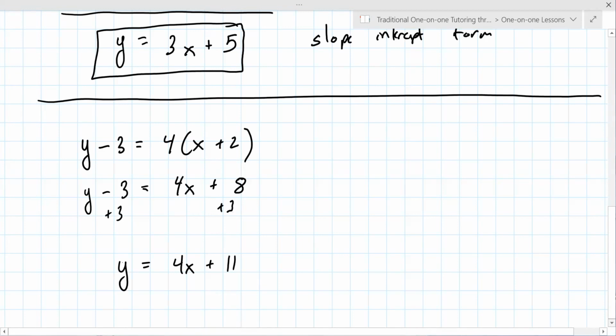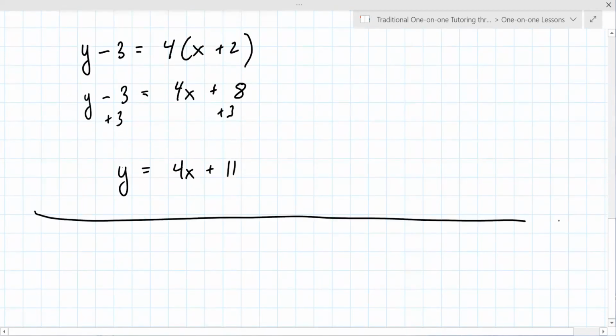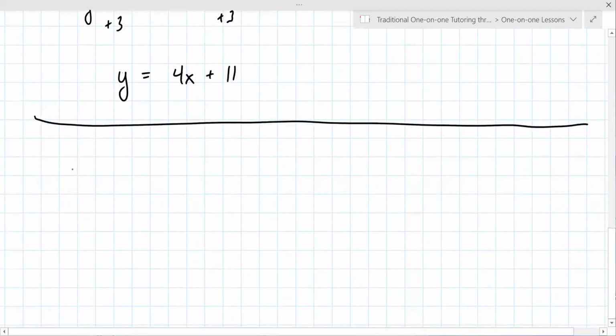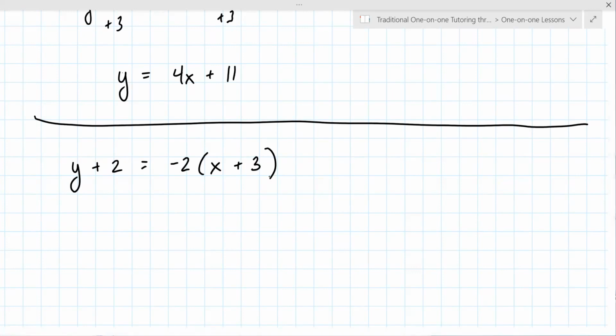Okay, so I've been doing the same operations each time. Let me just do one here where we don't have the same operations. So like y plus 2 equals -2 times x plus 3. Okay, give this one a try for me, please, before we move on to something new.